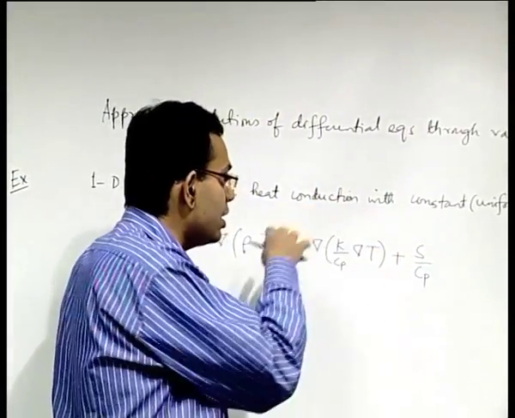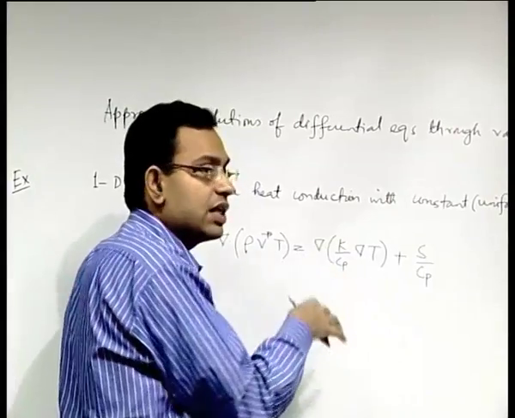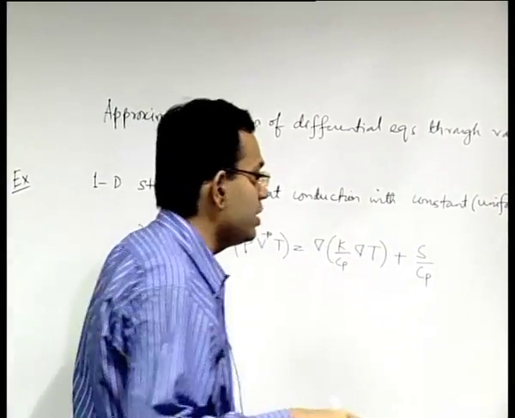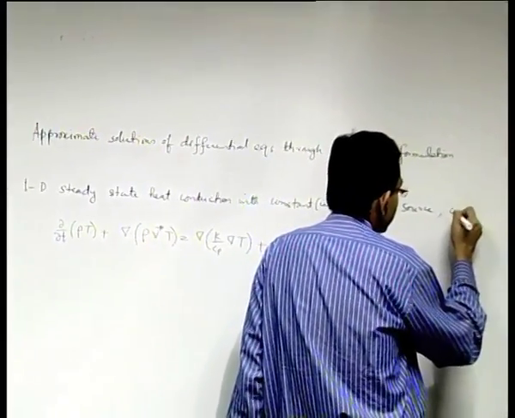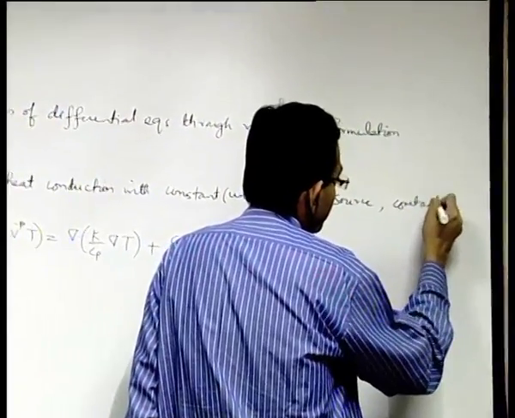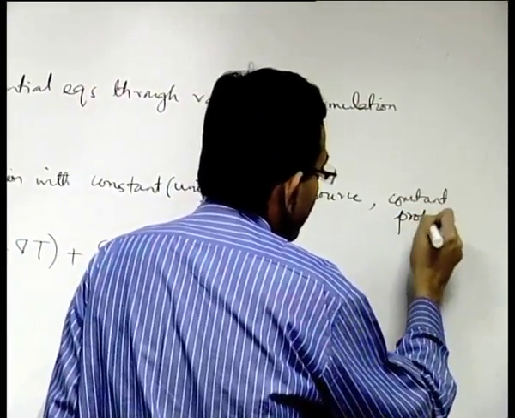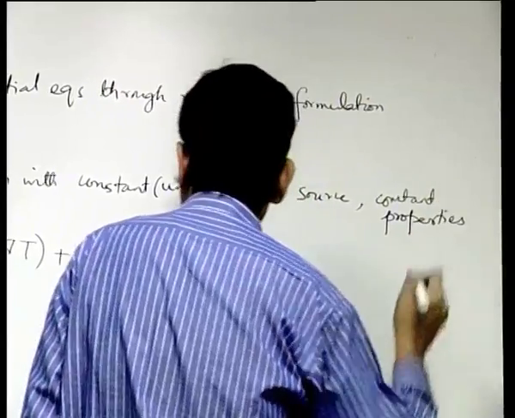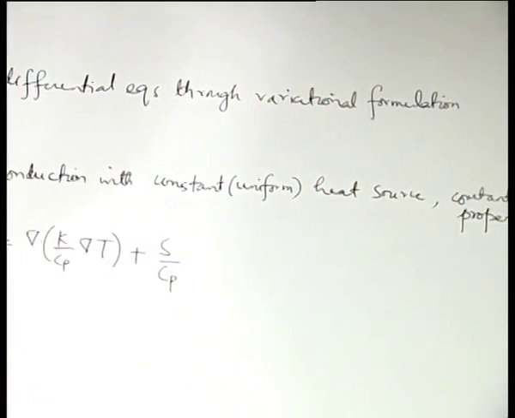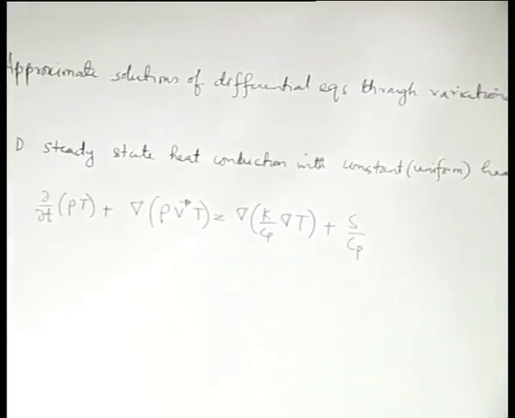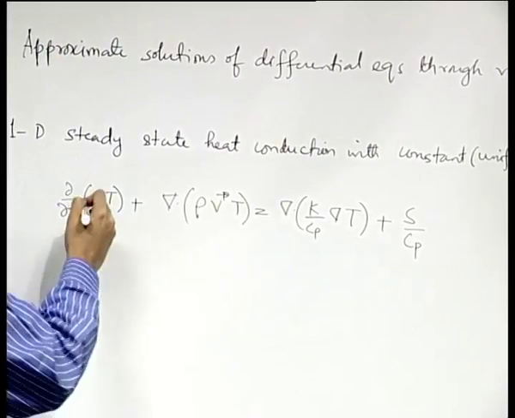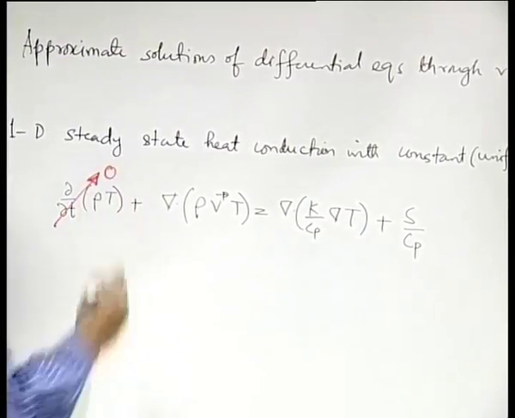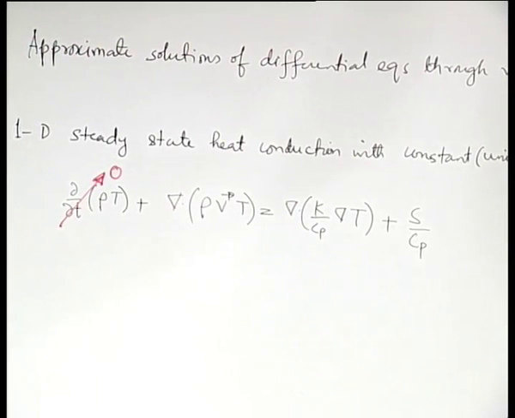but all the thermal properties are constant, like k is constant, Cp is constant. With constant properties, we can effectively take k or Cp in or out of the derivatives without any constraint. First of all it is a steady state, so this unsteady term will be 0.